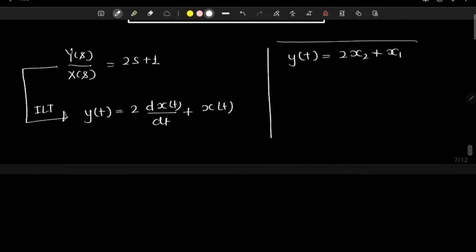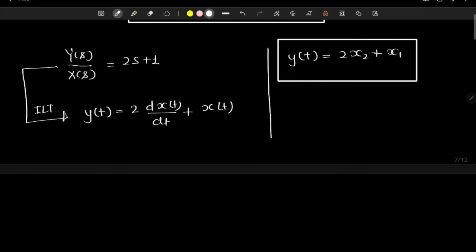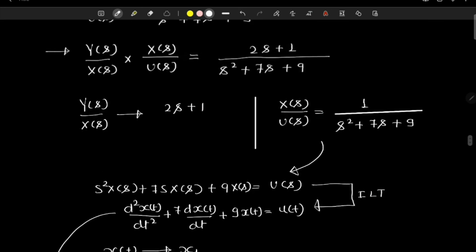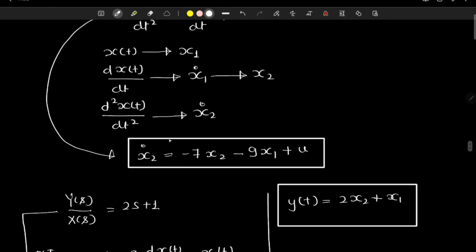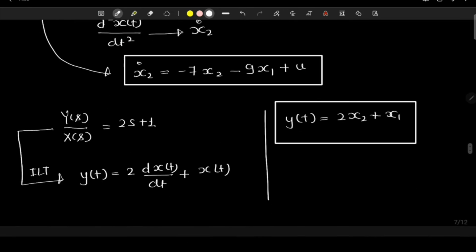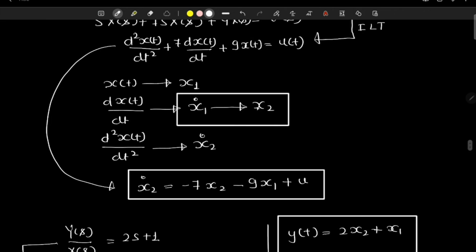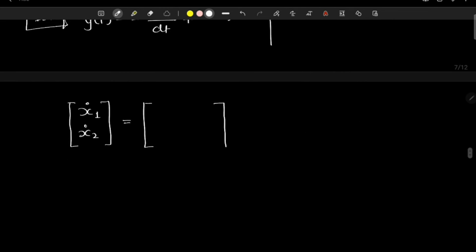Now I will write all these equations in matrix form. So I will take x1 dash and x2 dash, the derivative of the state vector. x1 dash is x2, so this will be 0 1.